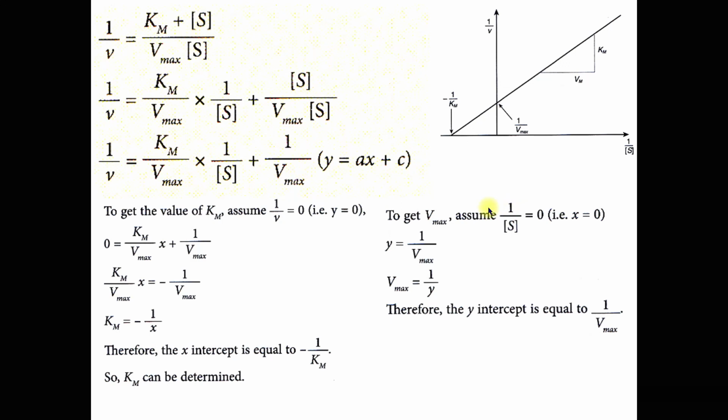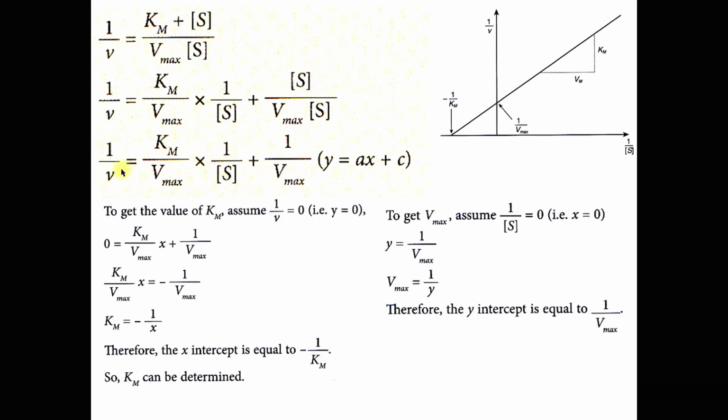Now untuk kita mencari Vmax pula, kita mengandaikan 1 over substrate concentration sama dengan kosong, atau untuk pintasan pada paksi y, kita mengandaikan x ialah kosong. So kita isi x sama dengan kosong ke dalam formula ini. Bila ini kosong, what happens? Kosong times dengan Km over Vmax, tidaklah kan.